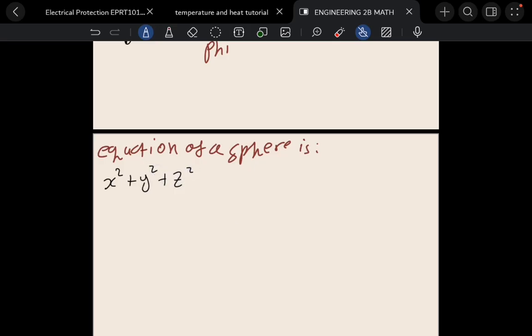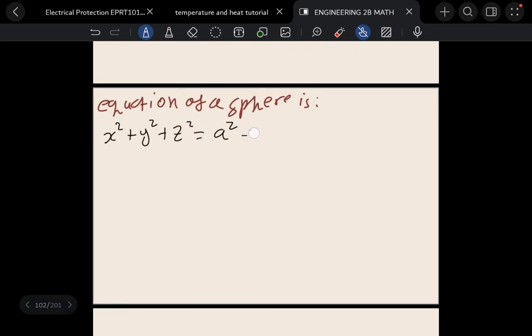The equation of a sphere is x squared plus y squared plus z squared equals a squared, like that.